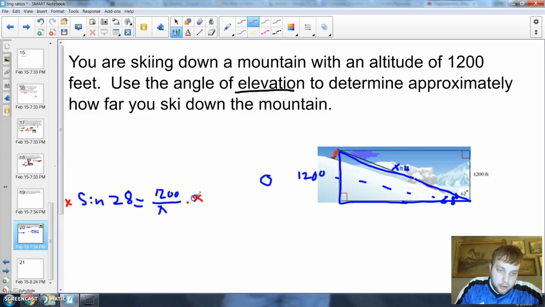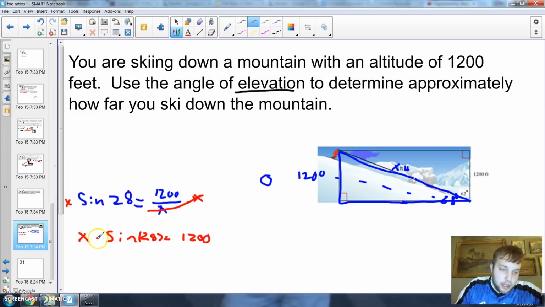Now I have x times sine of 28, and those should have parentheses around them, equals 1,200.